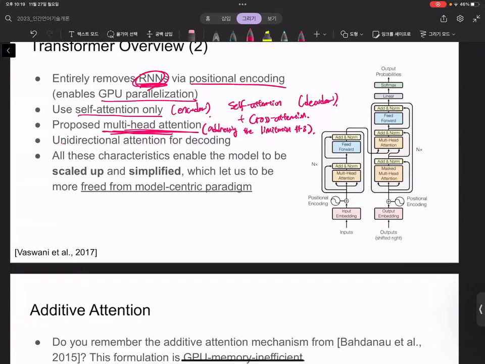And unidirectional attention for decoding. All these characteristics enable the model to be scaled up and simplified, which freed us from the model-centric paradigm.